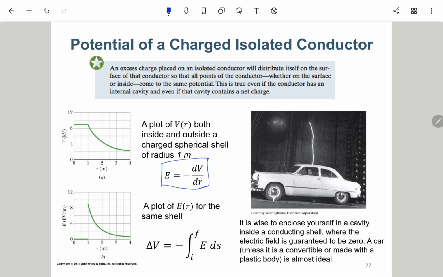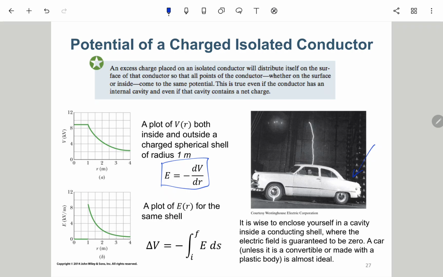Suppose this is a conductor. As we have mentioned, all the charge will go to the surface, and inside the conductor there won't be any E field.